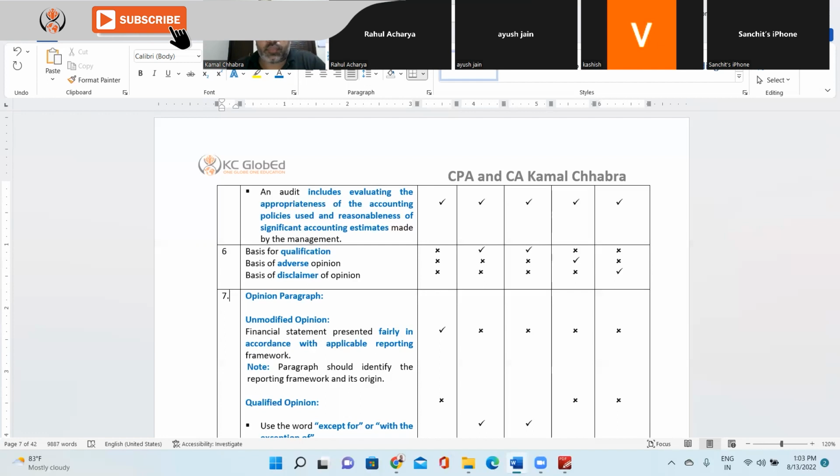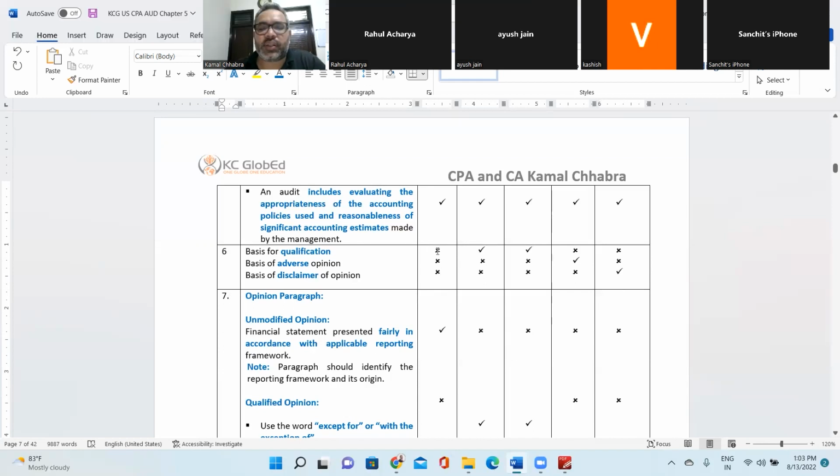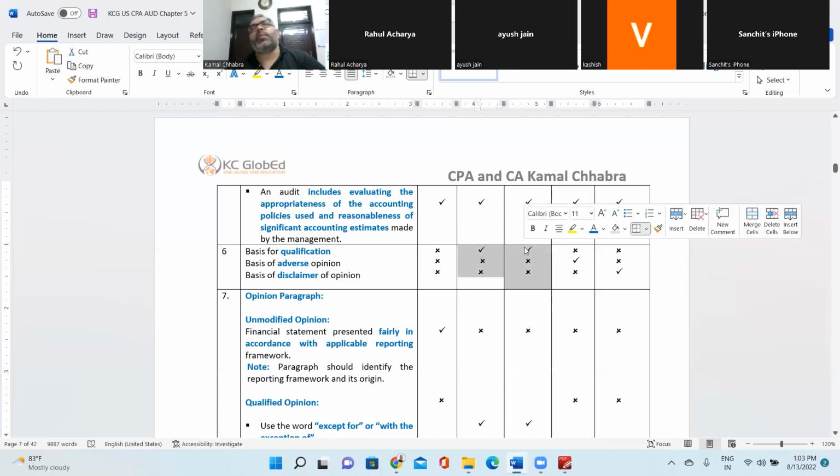Yes, no? Yes, yes. So in the first column, if you see, all the 3 are marked as cross because it's a standard report. Here, no qualification, adverse, or disclaimer is required. If you see in the second and third columns, only the first point is marked as tick.